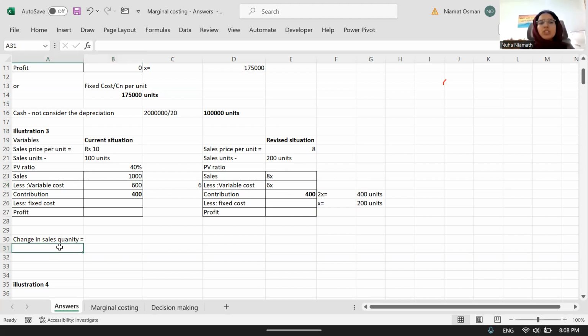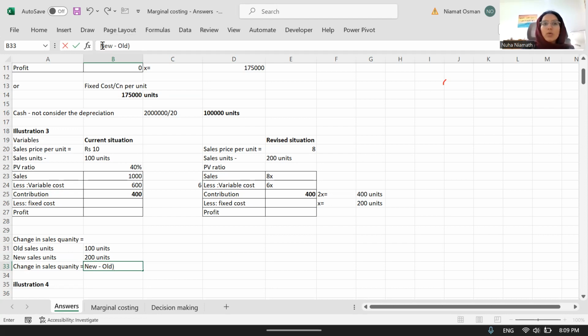Now coming to change in sales quantity. So what is our old sales units? Somebody has already mentioned double. Thank you, Mansi. So old sales units is 100 units. New sales units is 200 units. So what is our change? New minus old divided by old. Right? So that will give me 200 minus 100 divided by 100, which is, how much is that?